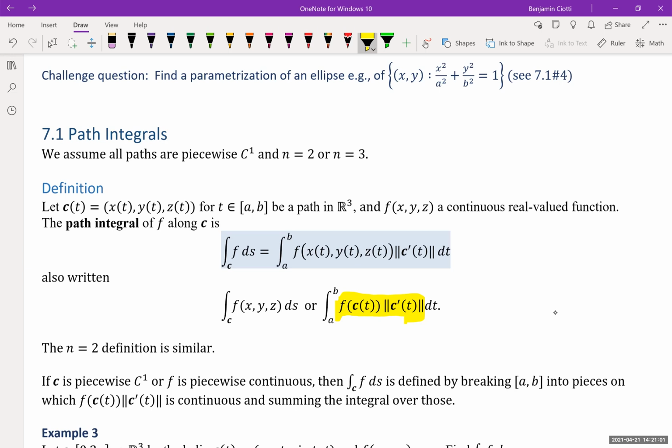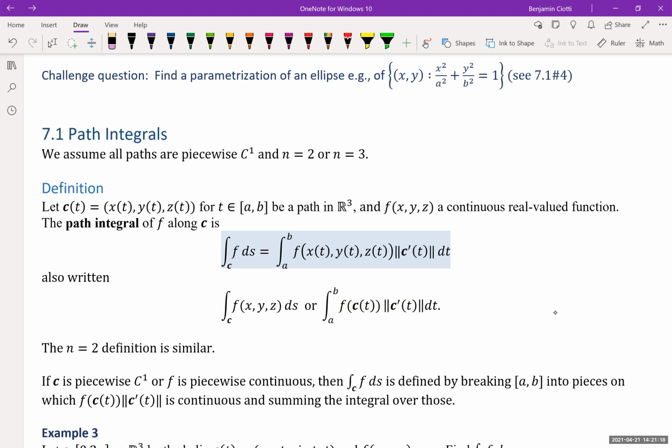So you break up the integral into the pieces where the integrand is continuous and sum the integral over those. Okay, so that was a lot of talking about the definition.